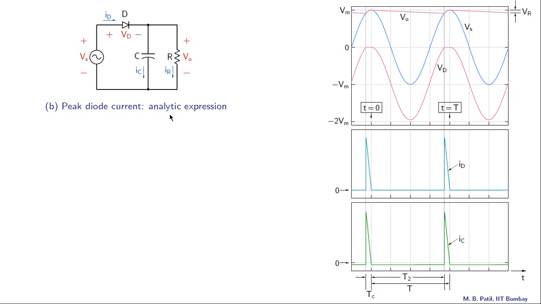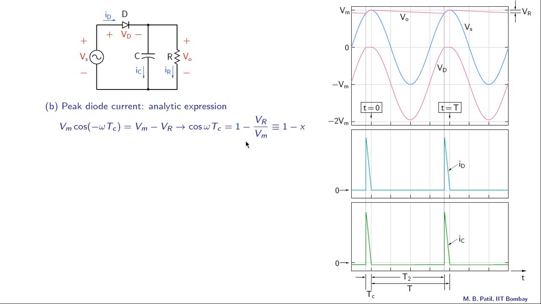Let us now obtain an analytic expression for the peak diode current. We begin with this condition: the source voltage at minus Tc is equal to Vm minus Vr at that point. We have seen that in the last slide, and that gave us an expression for cos omega Tc as 1 minus Vr by Vm.